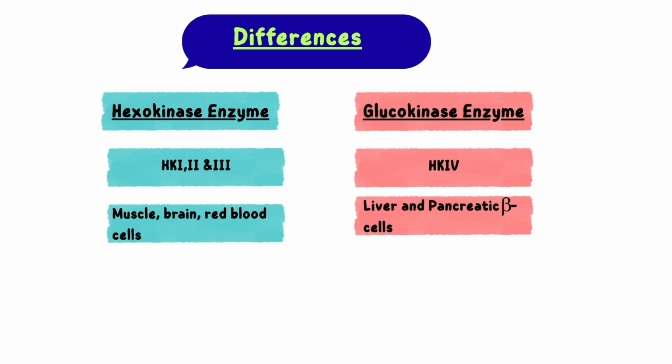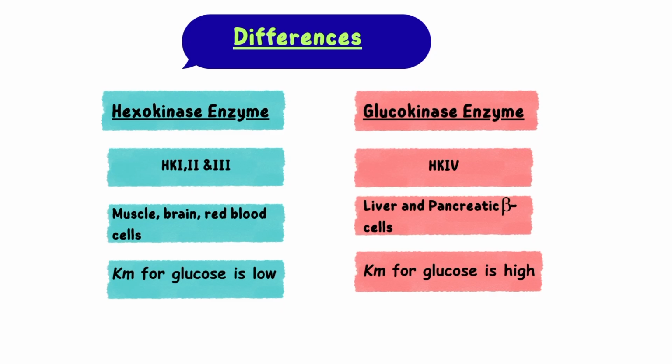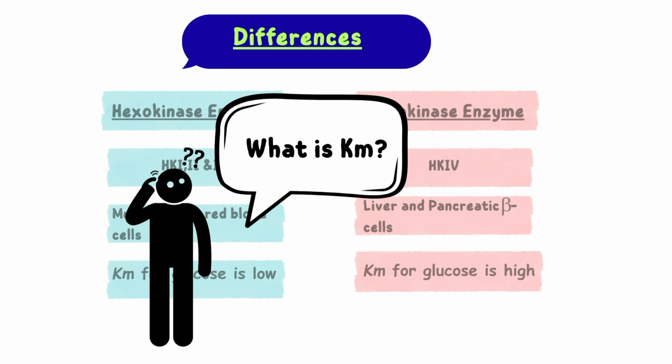Hexokinase enzymes are mainly found in muscle, brain and red blood cells, whereas glucokinase enzymes are present in liver and pancreatic beta cells. The Km for glucose is low for the hexokinase enzyme, and the Km for glucose is high for the glucokinase enzyme. Now let us try to understand what is Km for any particular enzyme.